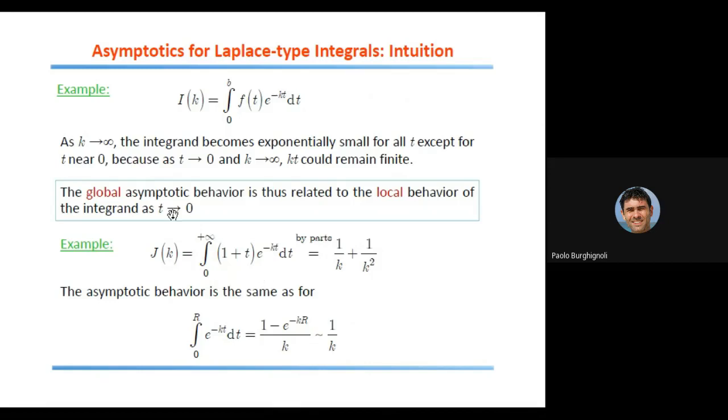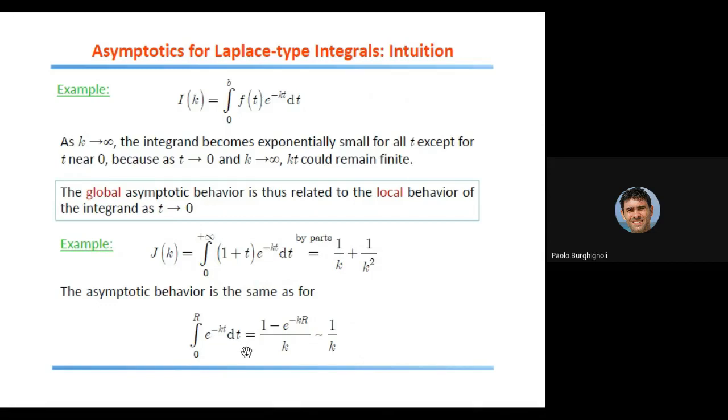However, by adopting the approach outlined here, isolating what happens close to the origin, you could neglect this term t inside the brackets, because it's negligible when t tends to 0 with respect to the constant 1. And then you may just integrate from 0 to whatever upper integration limit r you may choose of the exponential alone, which again can be done in closed form.